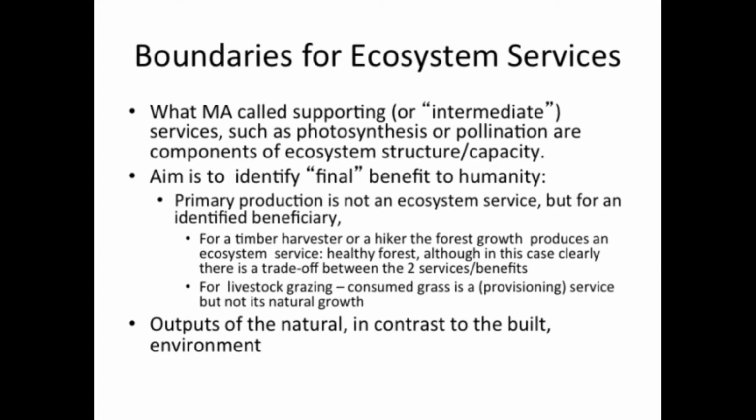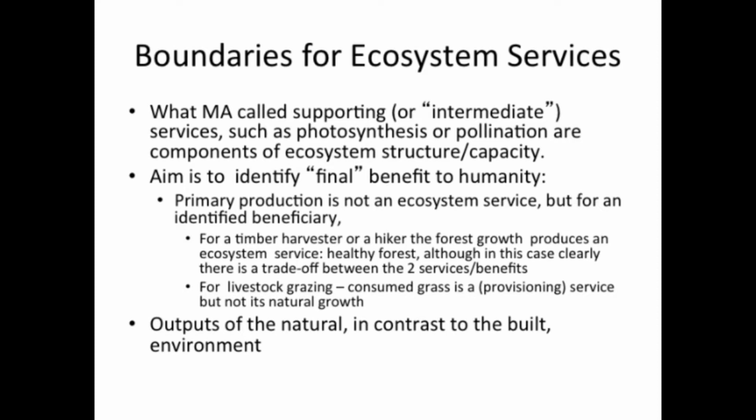For example, what the Millennium Ecosystem Assessment originally called supporting services, or what some have also called intermediate services, such as photosynthesis or pollination, are part of the components of the ecosystem structure or its capacity, and thus is information highly relevant, I think, to the ecosystem asset accounts, as I described in the example of Mauritius, but not part of the ecosystem services, because the concept of ecosystem services is identified as the final benefit to humanity.